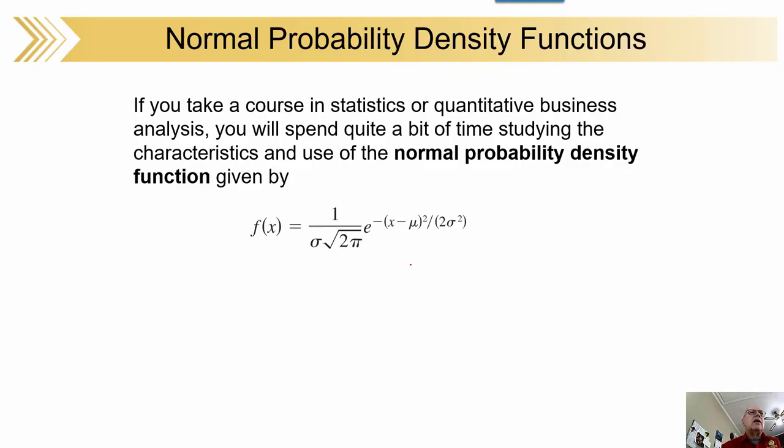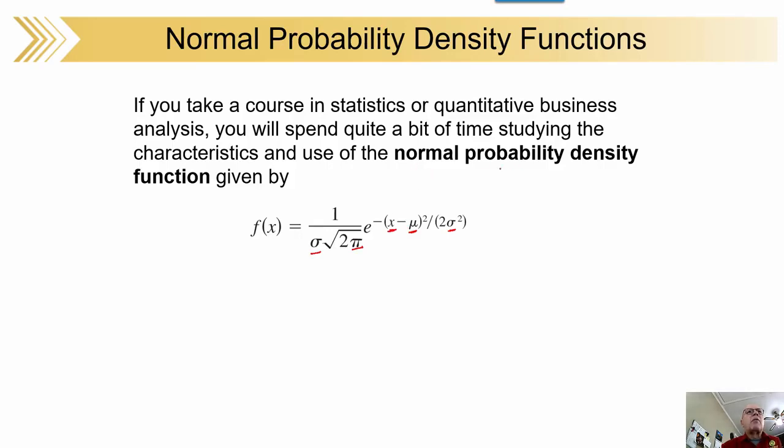However, notice that this is the x, and all the rest of these are constants. This represents the mean for that particular curve. This represents the standard deviation. Pi is a constant. All these things are constant.